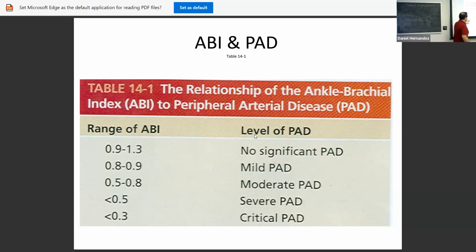It encompasses mild peripheral arterial disease. Then 0.5 to 0.3 is rest pain, and less than 0.3 is ischemic ulcers, so when the patient starts developing ulcers.